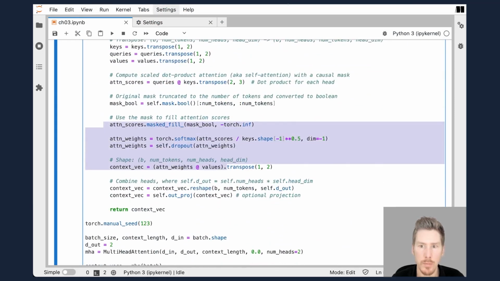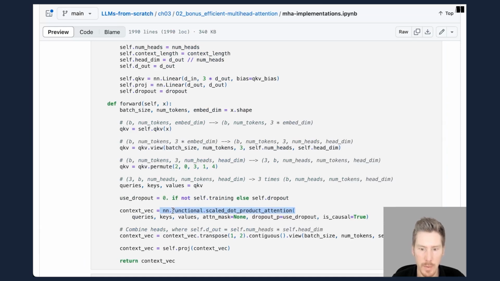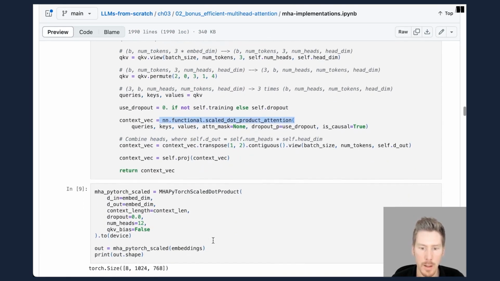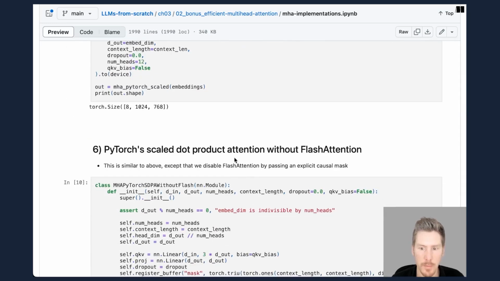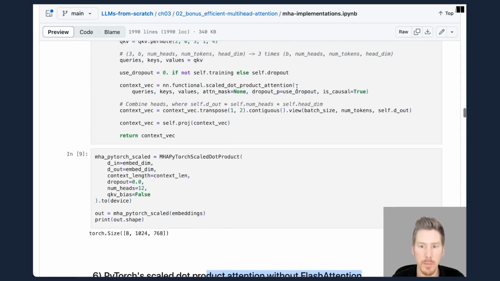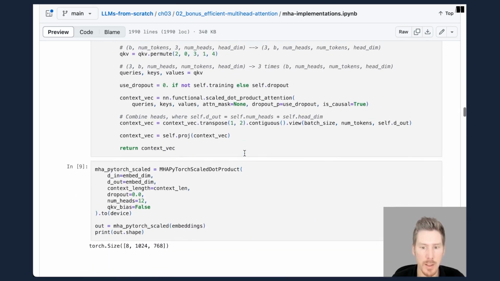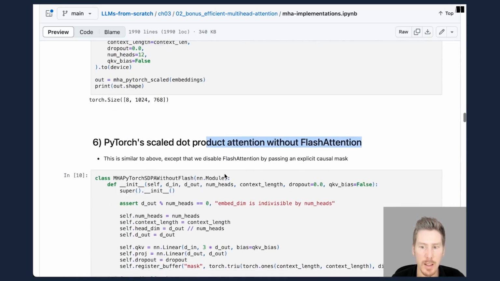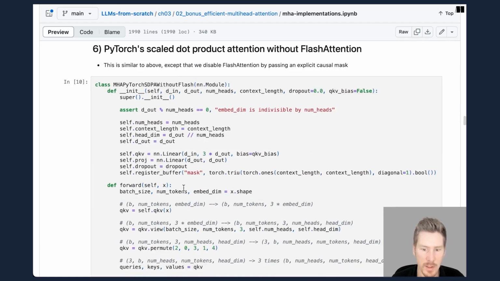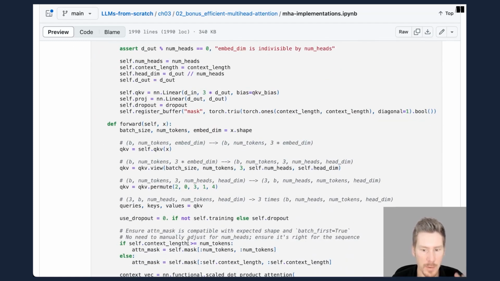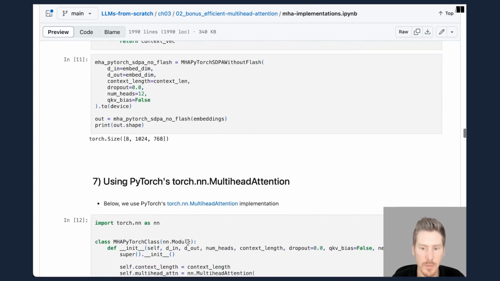So here we are letting PyTorch take care of the attention score and weight computation. Then there's another one. By default, if you have a GPU that supports flash attention, this will use flash attention, which is an implementation that is more efficient. Here, I have another implementation doing the same thing for benchmark purposes without flash attention.